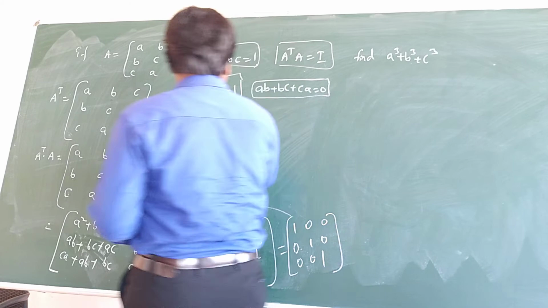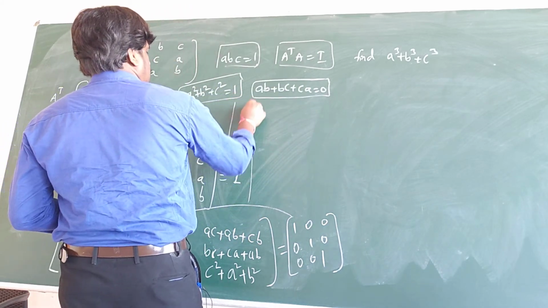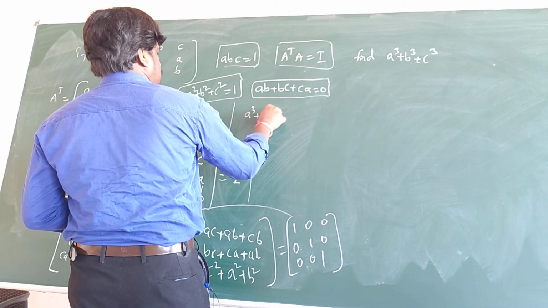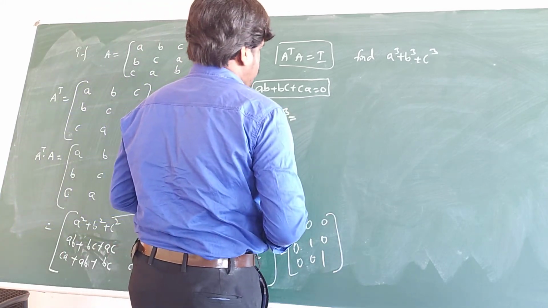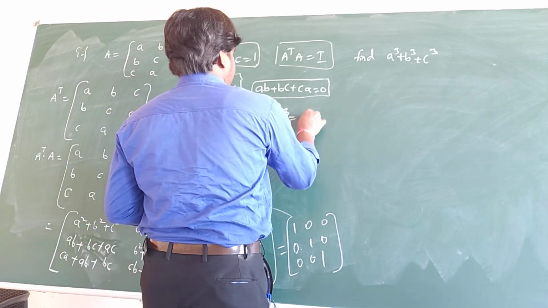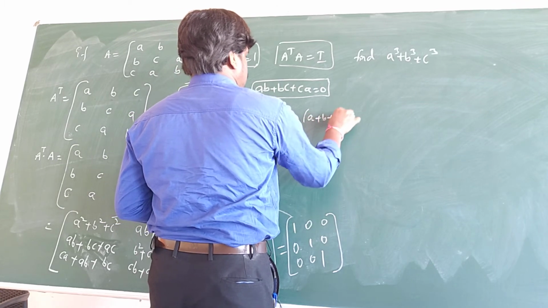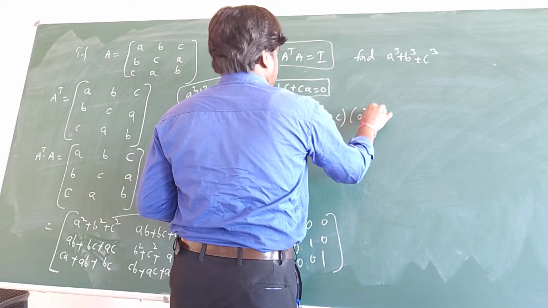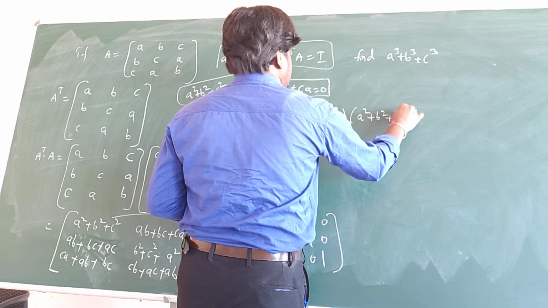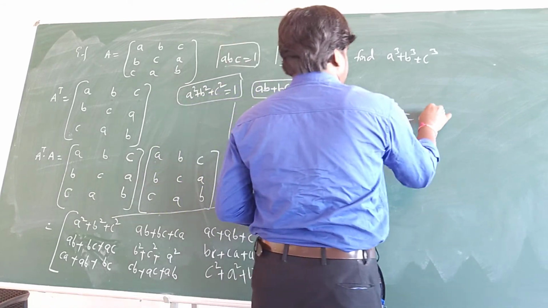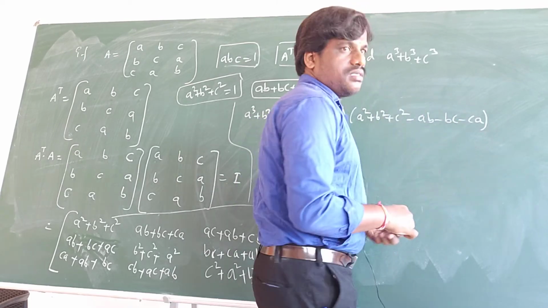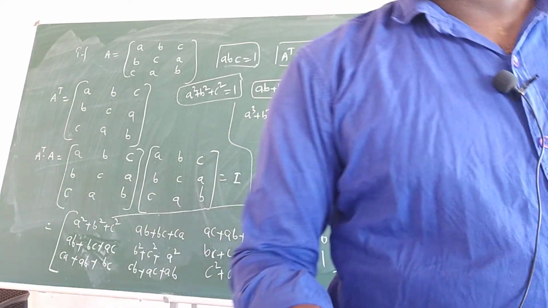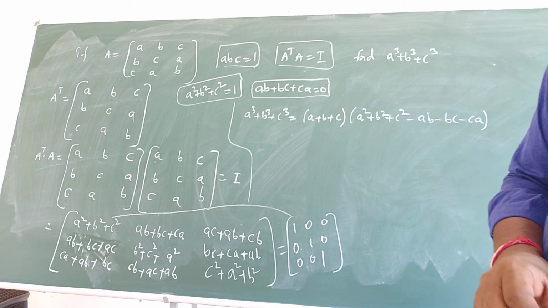What is the formula for A³ + B³ + C³? It is (A + B + C)(A² + B² + C² − AB − BC − CA). Correct? This is the formula.